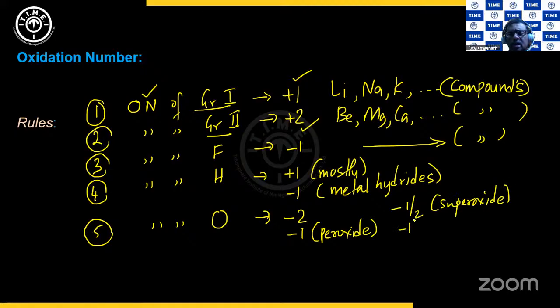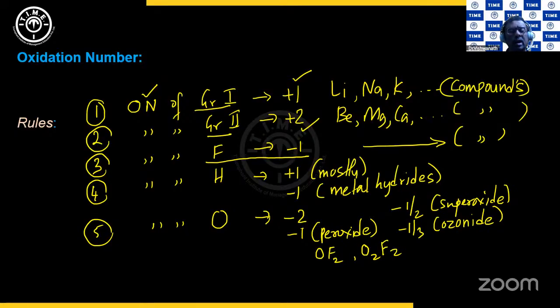It could be -1/3 in the case of an ozonide, or it could depend on the fluorine in its compounds such as OF2 and O2F2 by considering the fluorine's value as -1. Right? We'll see now how to go about getting the oxidation numbers of all other elements. So the fixed ones are 1, 2, and 3 always in their compounds.